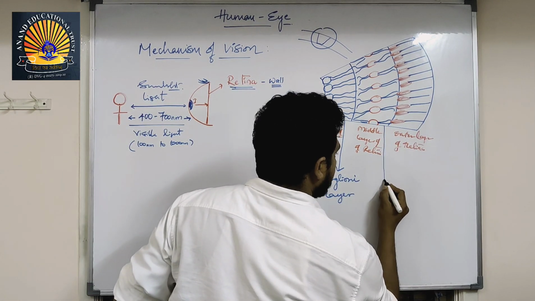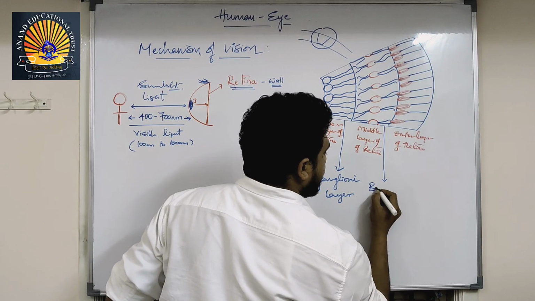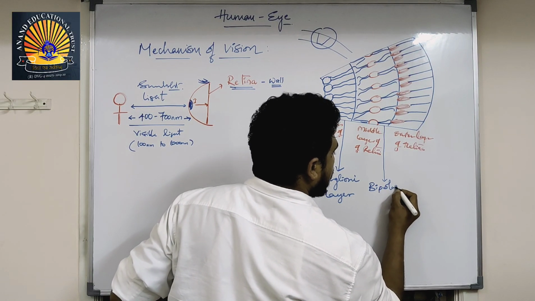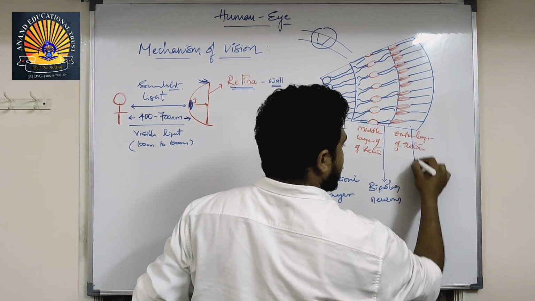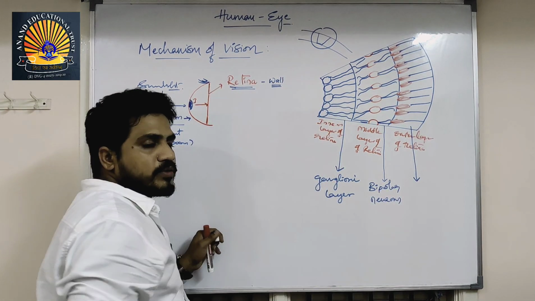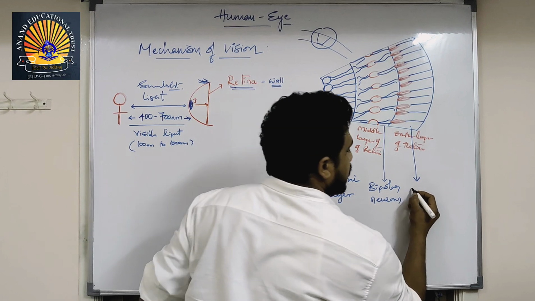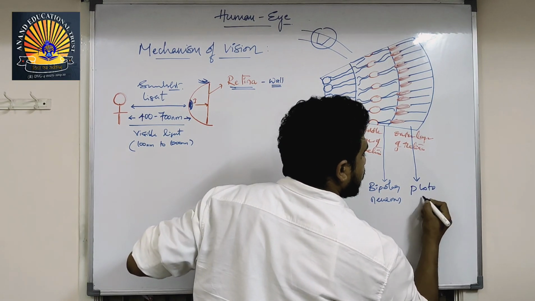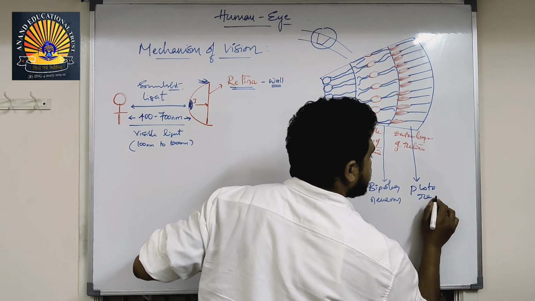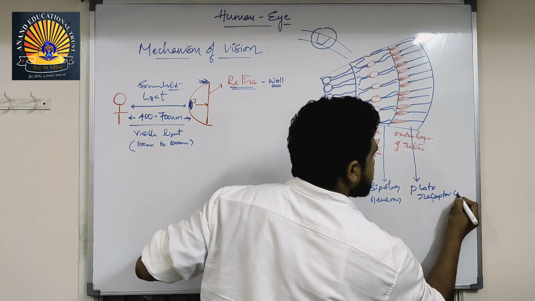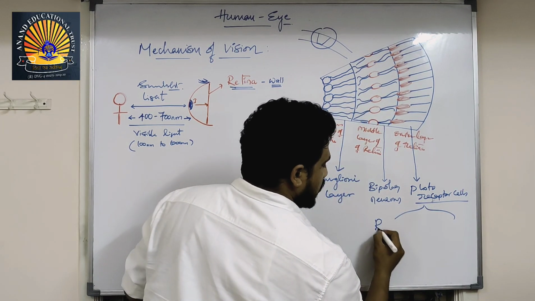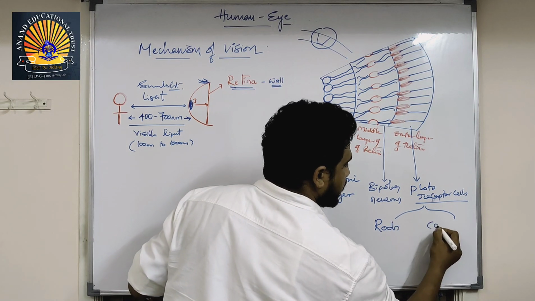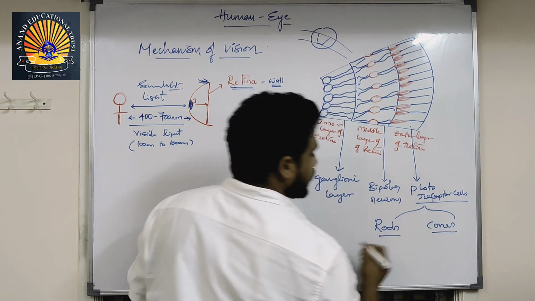The middle layer is composed of bipolar neurons, and the outermost layer is composed of photoreceptor cells. Photoreceptor cells are 2 types: rods and cones.